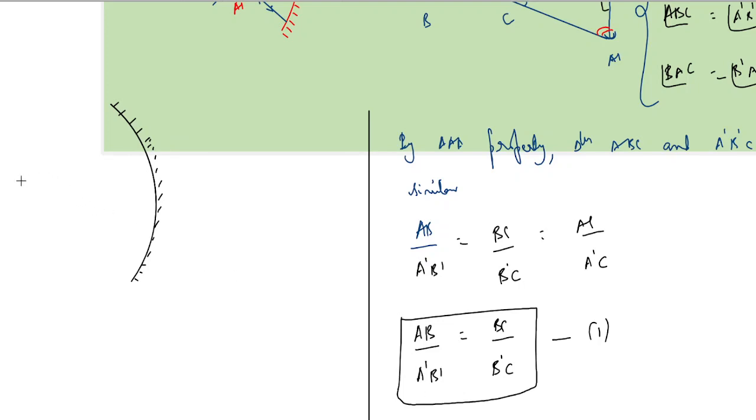This would be the principal axis, and somewhere here an object AB was placed.